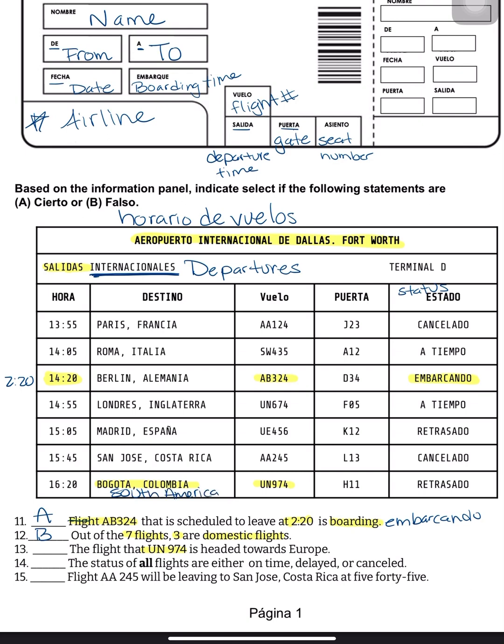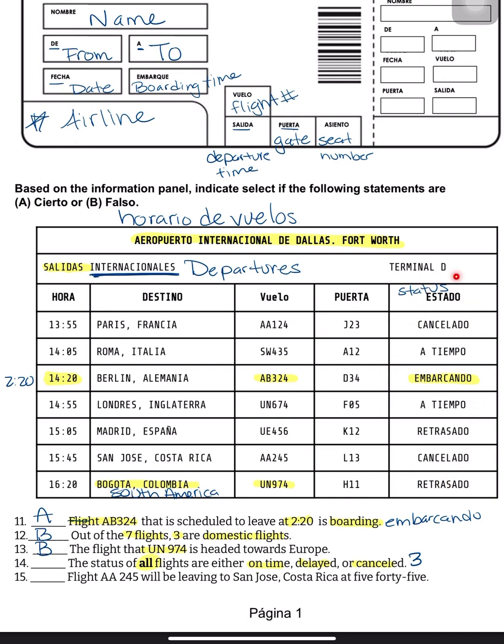Therefore, making this false. Okay, the flight statuses of all flights, very important here. All flights are either on time, delayed, or canceled. That means that I should see a total of 3 statuses on the section that you see right here.